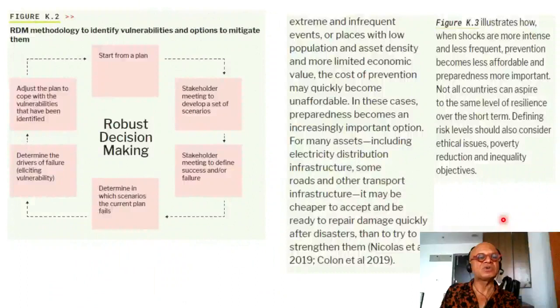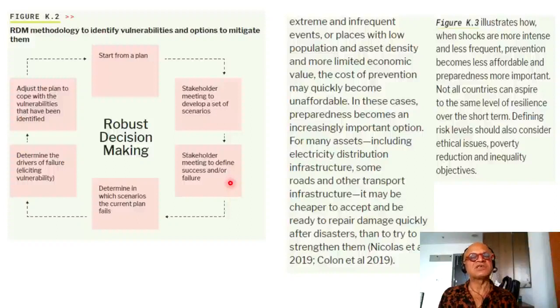So here is figure K2, then I'll go back. The RDM methodology to identify vulnerabilities and options to mitigate them. So this is the robust decision-making methodology. It's a loop, so you can start anywhere. You start from a plan, stakeholder meeting to develop a set of scenarios, stakeholder meeting to define success and/or failure.